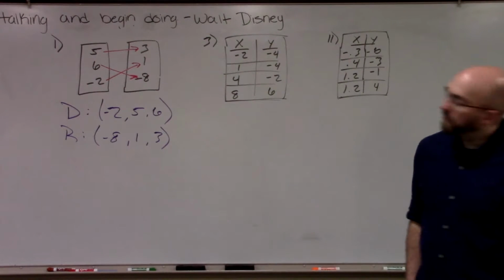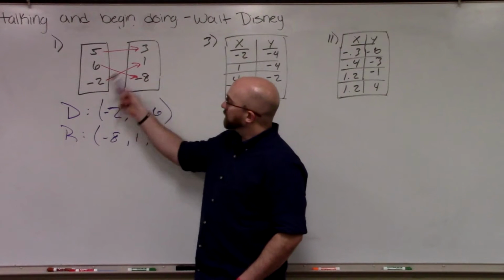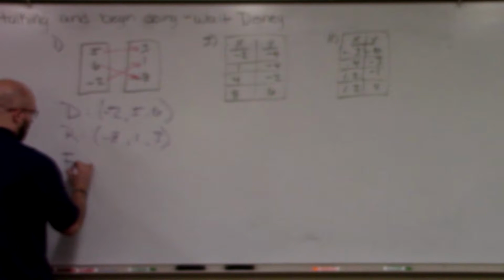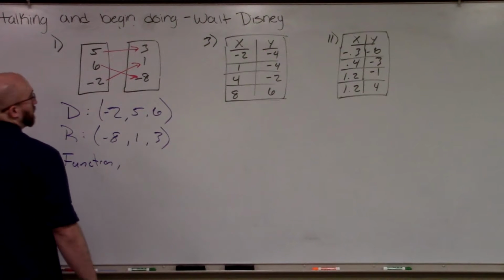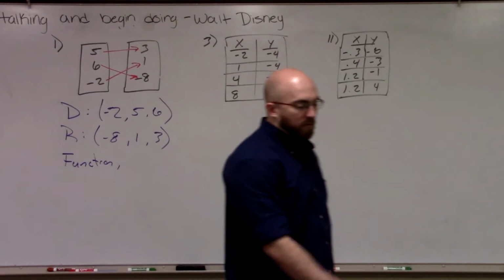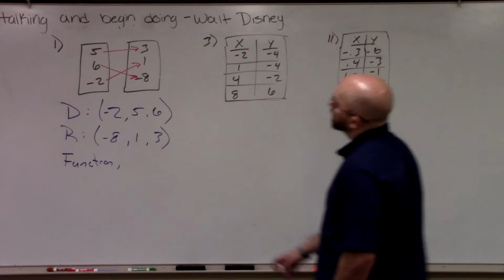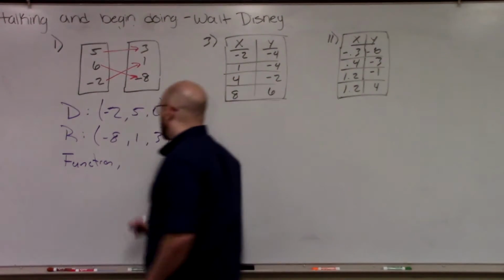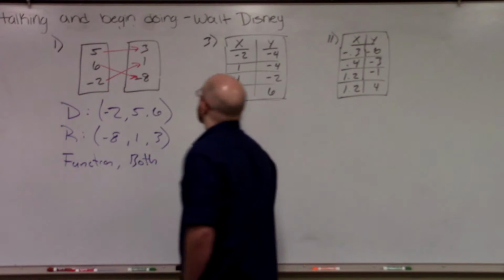And we can see each value goes to one term, so it is a function. And the question is, is it one-to-one, onto, both, or neither? For this one, it is both, because each one of these values goes to one of these, and each one of these values connects to those, so both. That's it for this one.